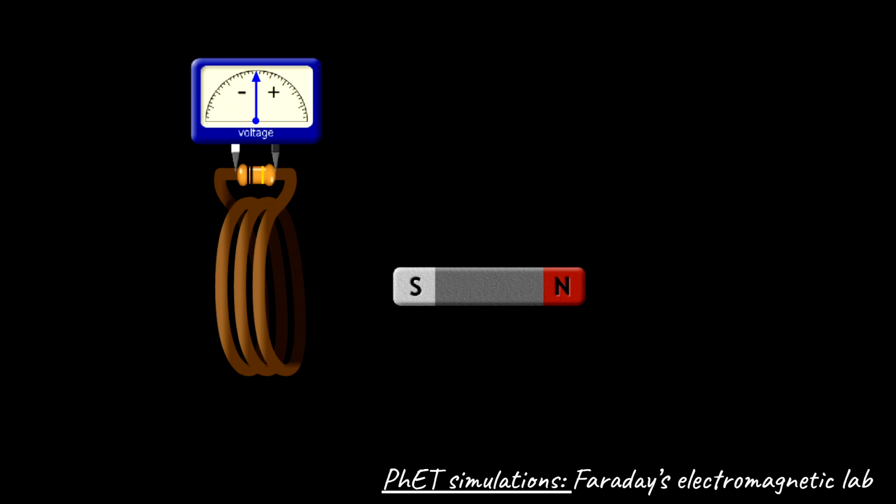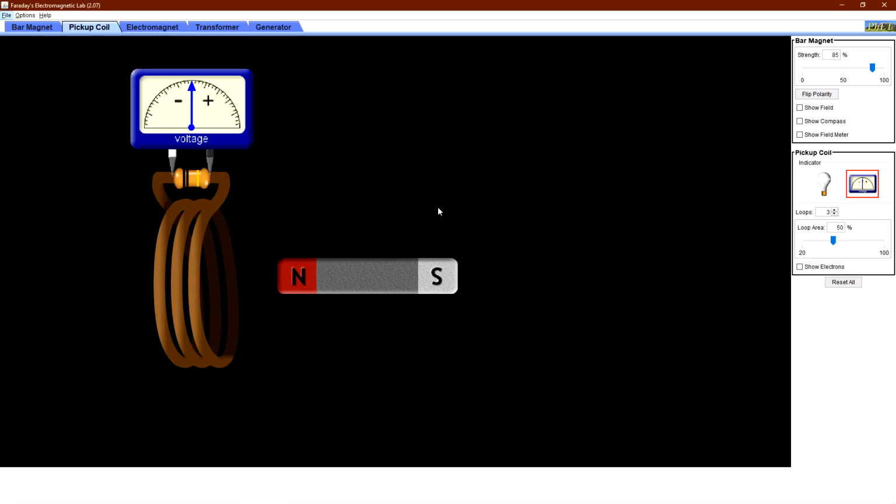Now, let's go to the PhET Simulations again to study Faraday's experiment in detail. We have a coil of wire connected to a voltmeter and a bar magnet, similar to what Faraday had. From the previous experiment, we already know that constant magnetic fields, when a bar magnet is stationary, do not produce an electric current through the coil. Let's turn on the magnetic field lines of the magnet to have a better sense.